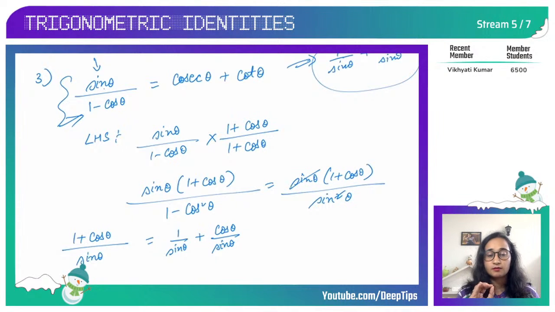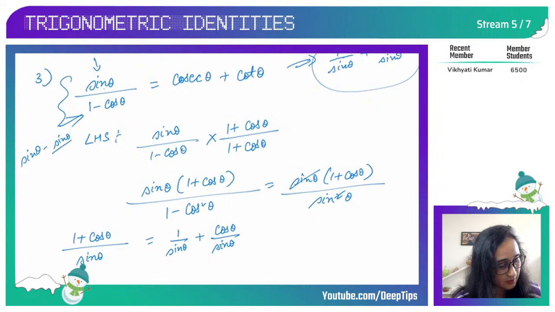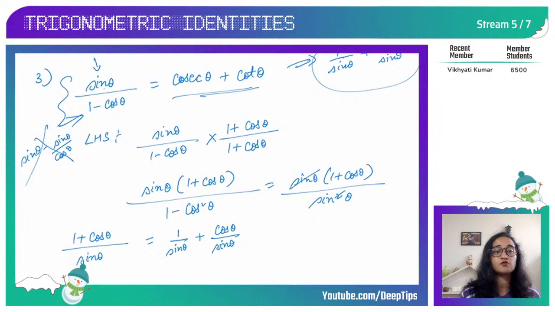That is completely wrong. That mistake you should never make in the exam. You cannot write it as sine theta minus sine theta by cos theta. This is completely wrong.